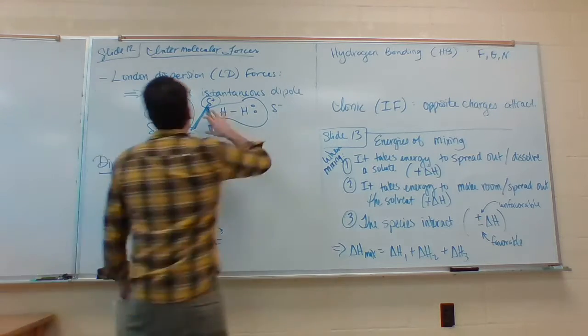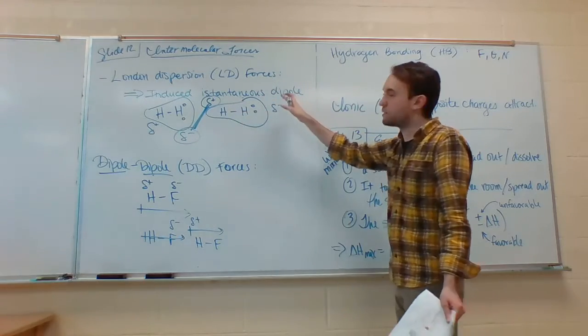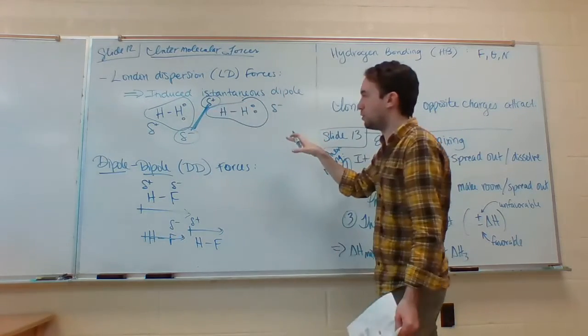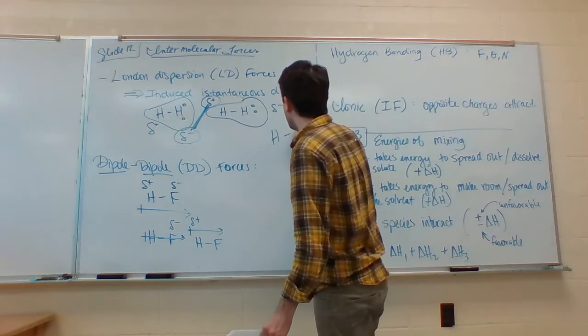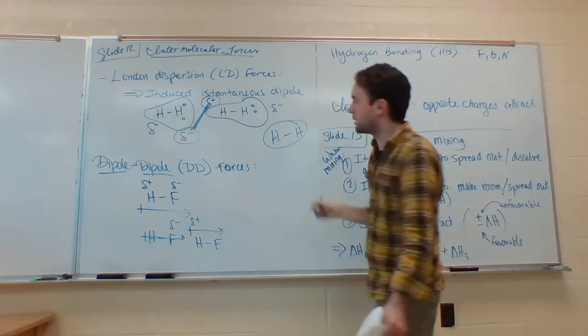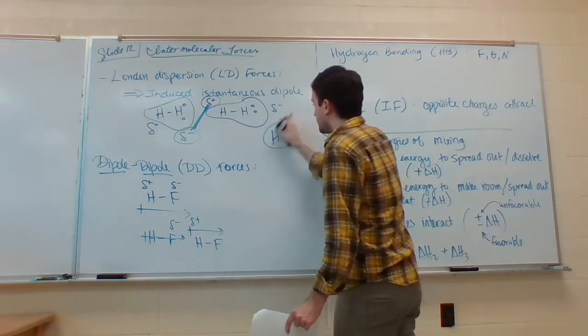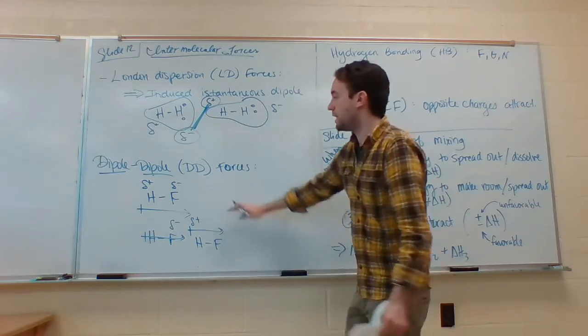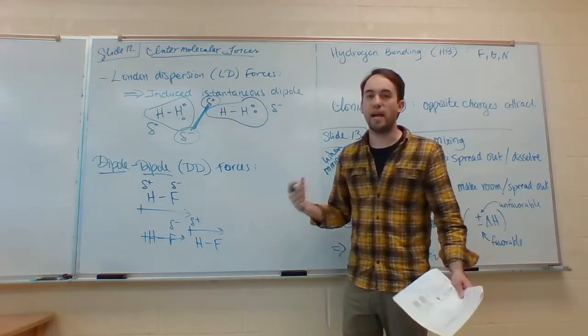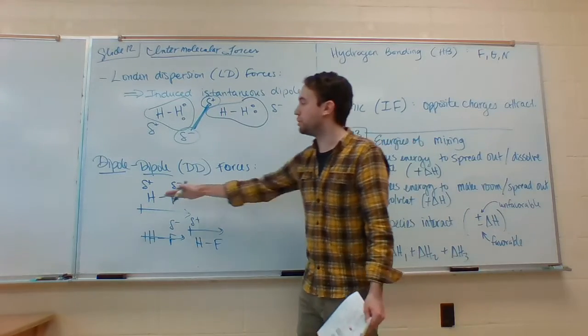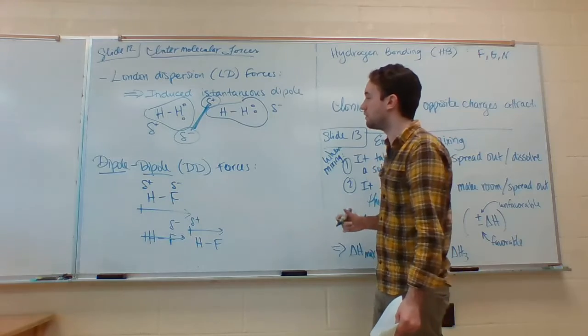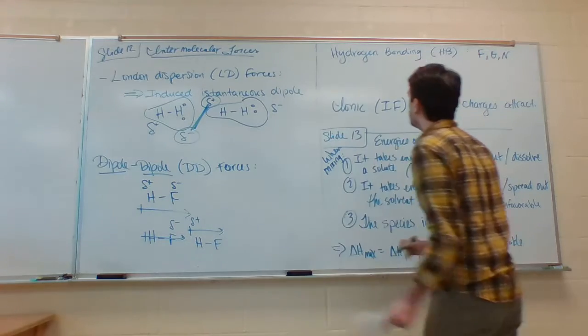After about so many microseconds, the induced dipole would just go back to normal, with H and H looking like that. That is an induced dipole from its neighbors. This, however, is due to the fact that they have a natural permanent dipole due to the types of elements involved. So that's a dipole-dipole interaction.